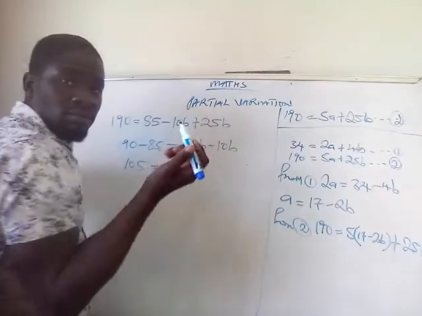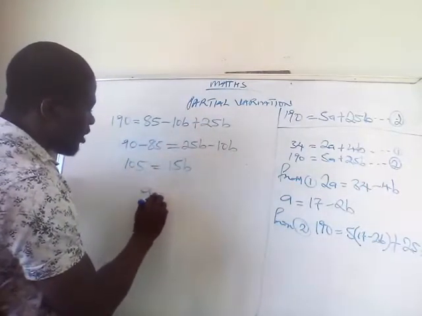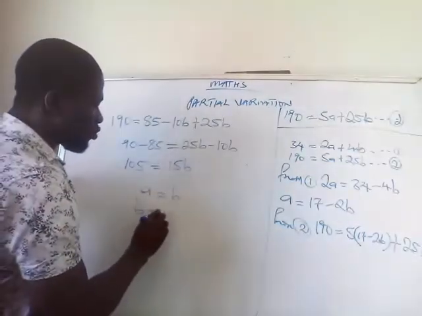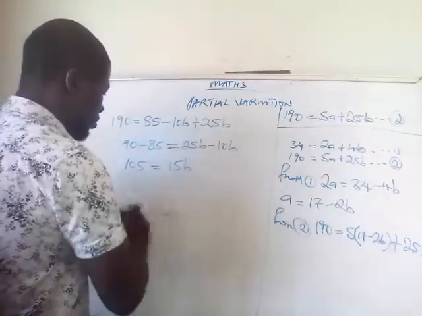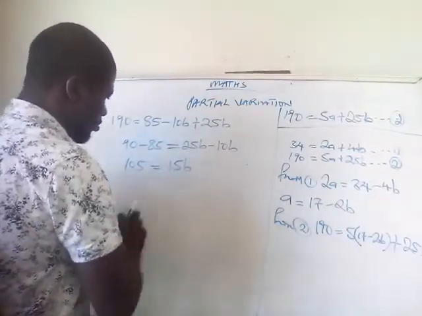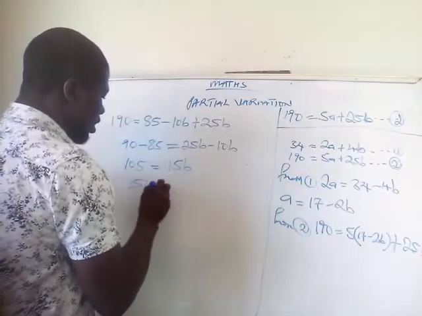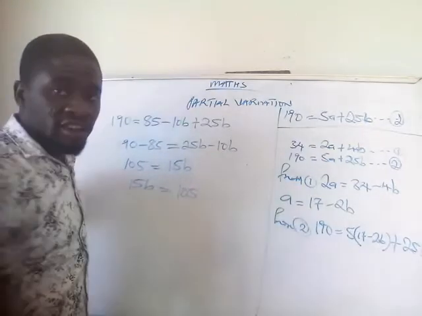Look at this. If you are told that A is equal to B, it also means that B is equal to A. So I want to change this. You have 15B is equal to 105. I have not changed anything.